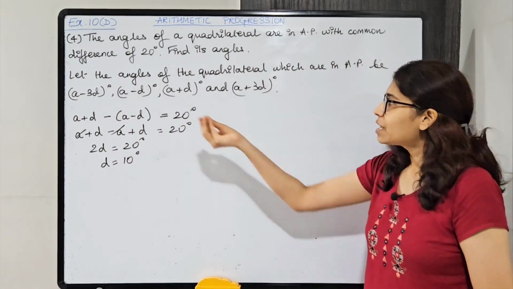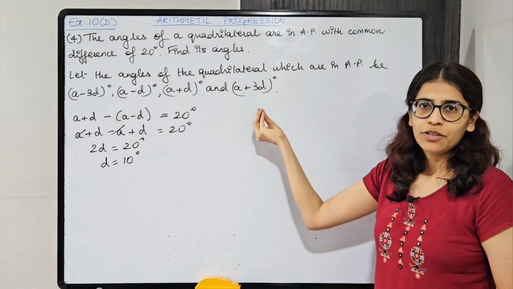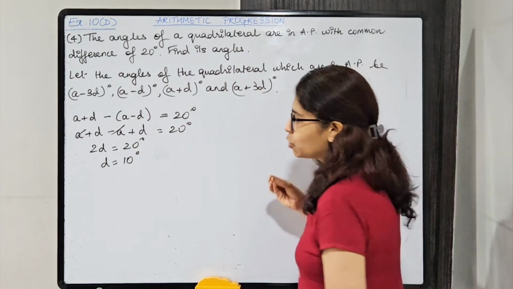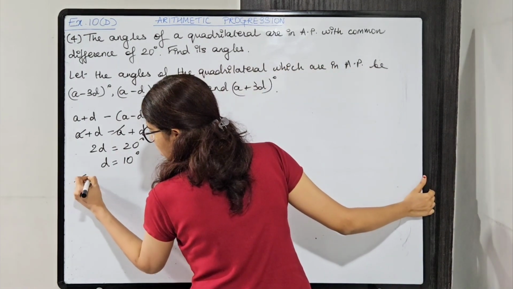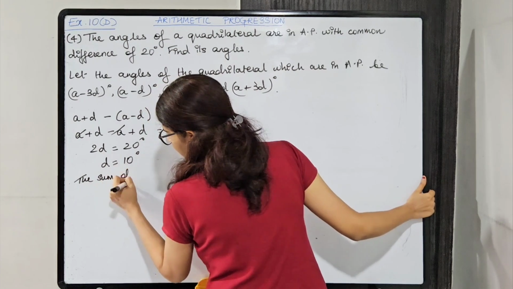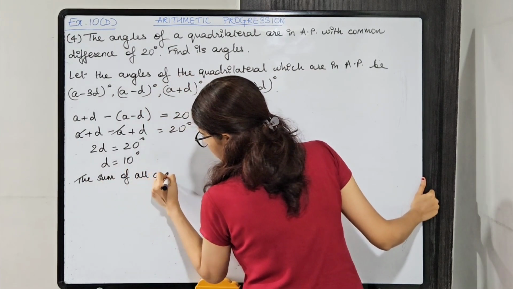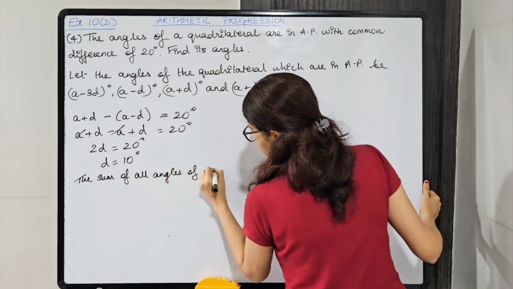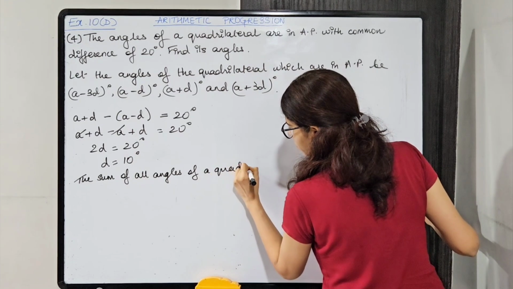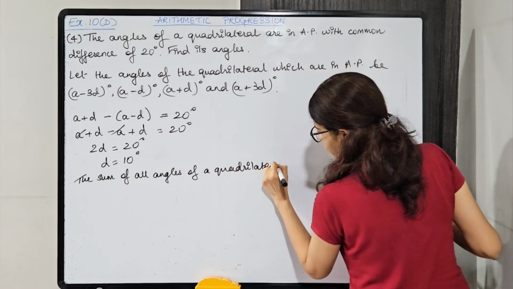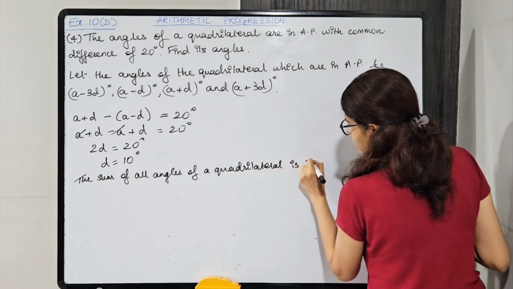Now we know that sum of all angles of the quadrilateral is 360 degrees. So you write down the sum of all angles of a quadrilateral is 360 degrees.